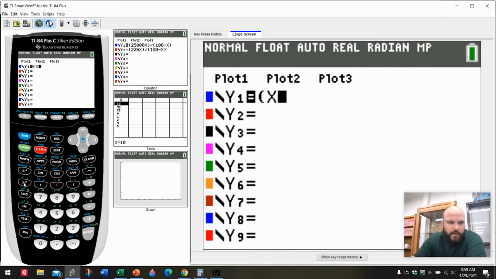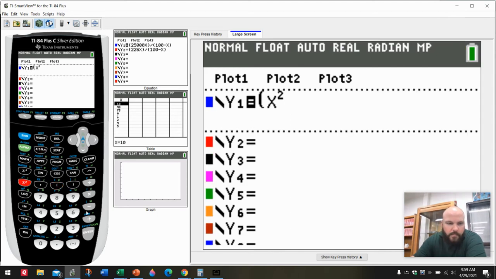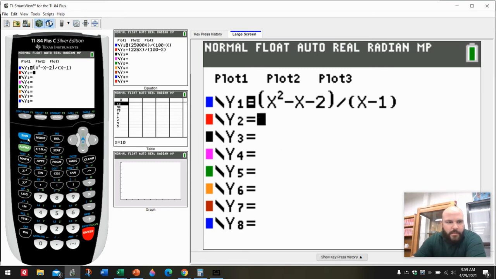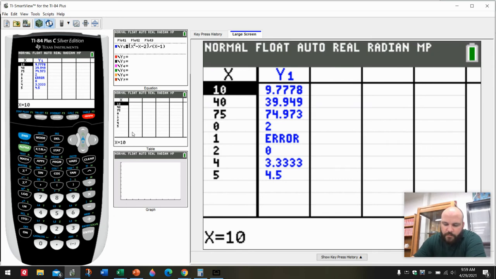So that's what I'm going to do. x squared minus x minus 2, divided by x minus 1. And now that I have that in there, I can hit second table, and go into my table and get the x and y values that I need.